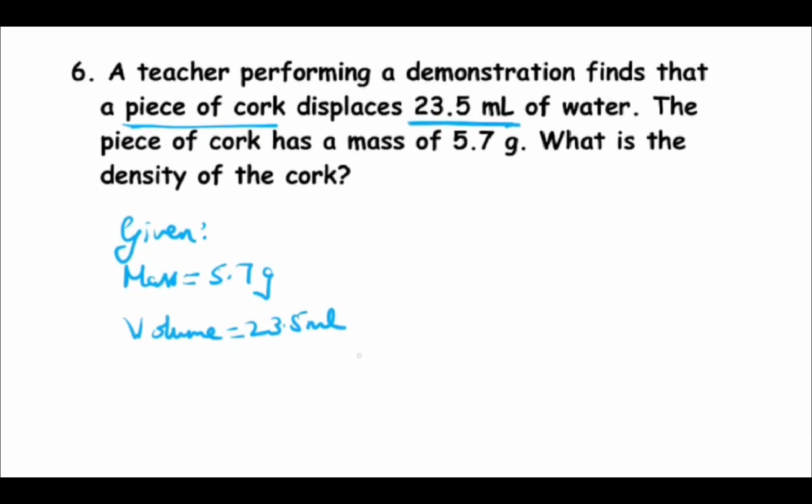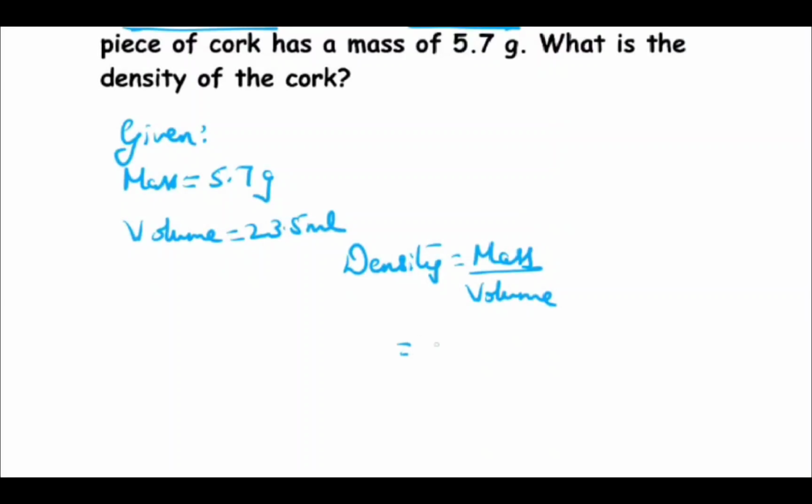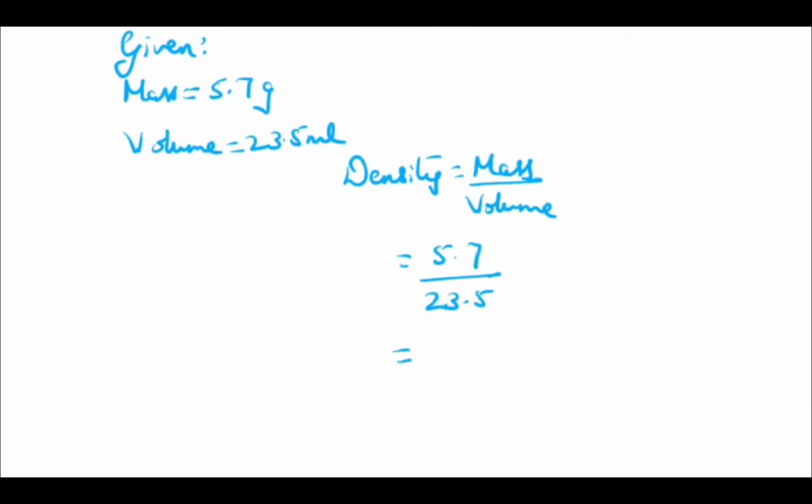Density is equal to mass upon volume. Mass is 5.7, volume is 23.5. So 5.7 divided by 23.5 is 0.24 grams per ml.